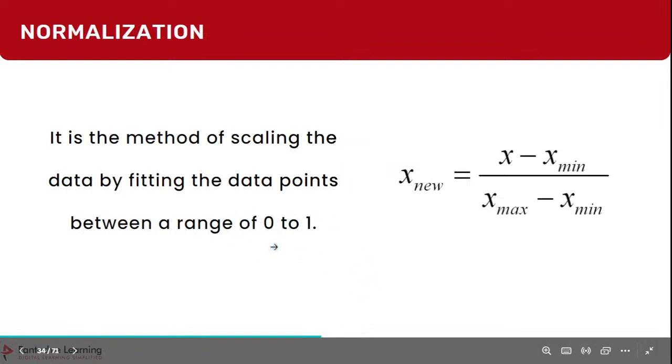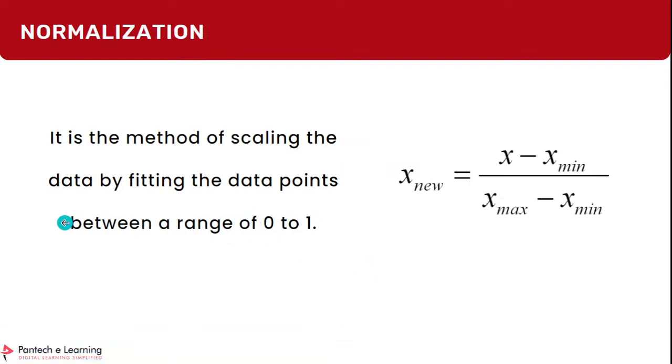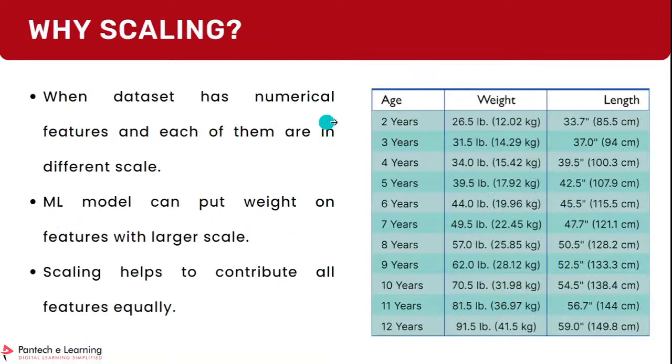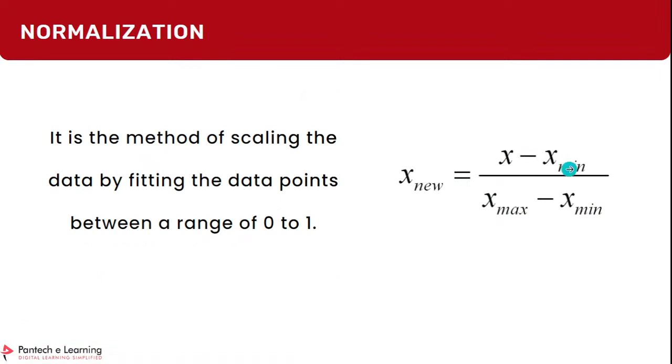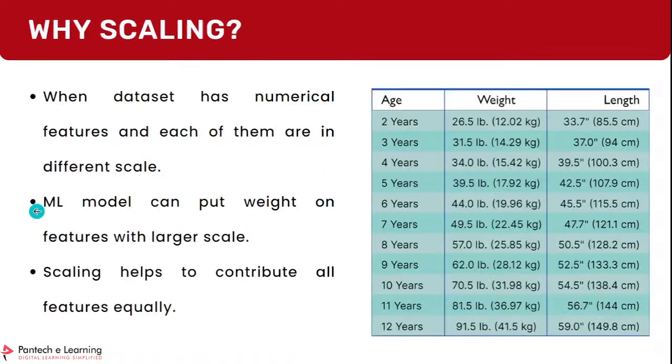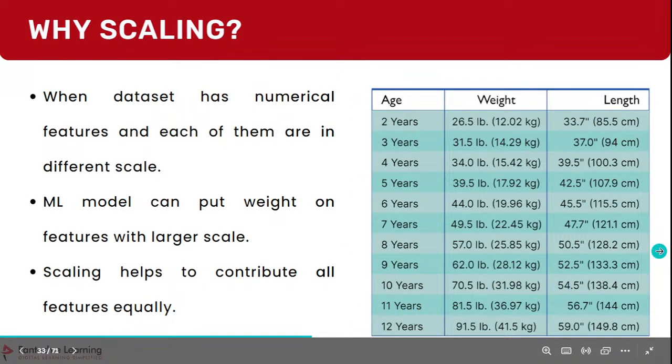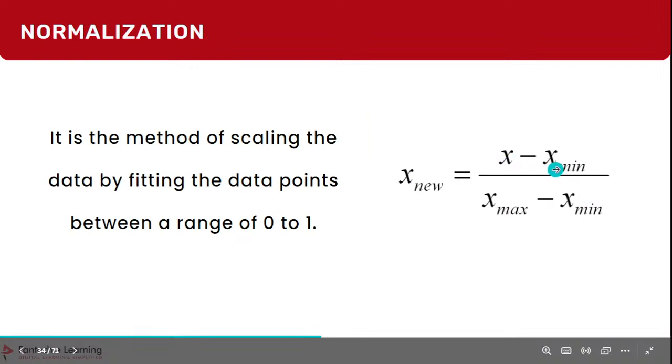How it will be between 0 to 1 is, for example, let us consider the smallest value, which is going to be 2, right? And the maximum value is 12. So if I want to find the new value for 2, it's 2 minus the minimum value, which is 2, so 2 minus 2 will be 0. So now my minimum value has become 0. And if I go with my maximum value 12, it's 12 minus 2, which will be 10.